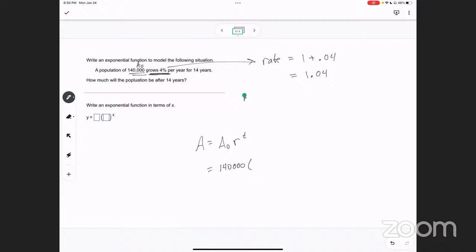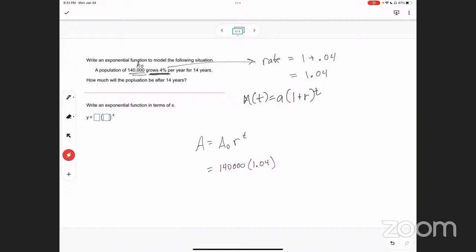The rate is 1.04. So they have you write it in like this. Usually you see it looking like this, but then you have to know that you have to add 1 to the rate.